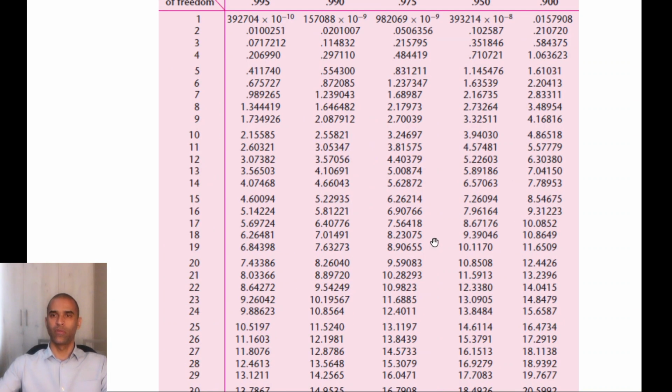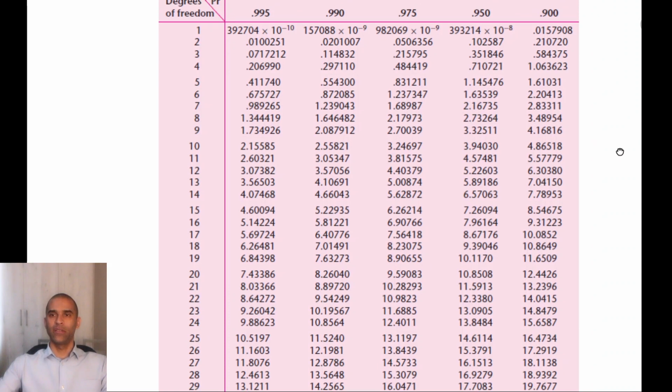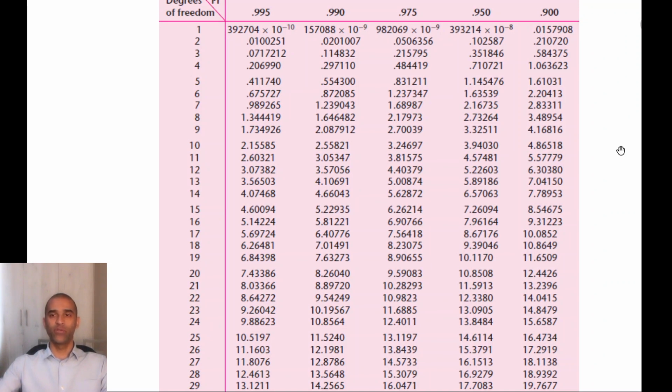Then for the right side, we need 1 minus alpha over 2, which would be given by 0.95. So this is the column we're interested in over here. 24 degrees of freedom, and the column header of 0.95 coincide with this value, 13.8484. So remember, this goes into the right side of the confidence limit.